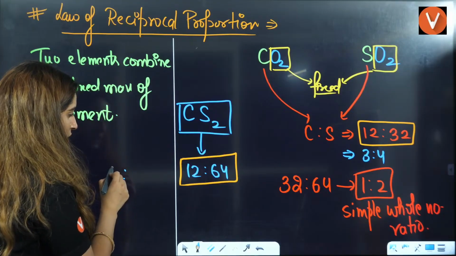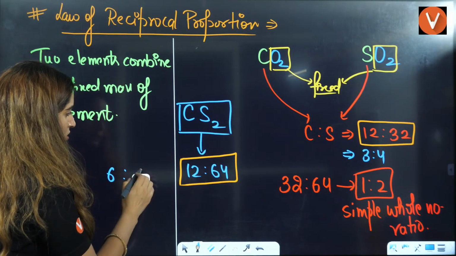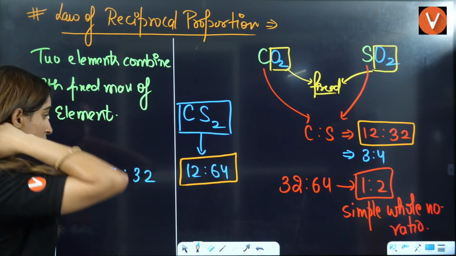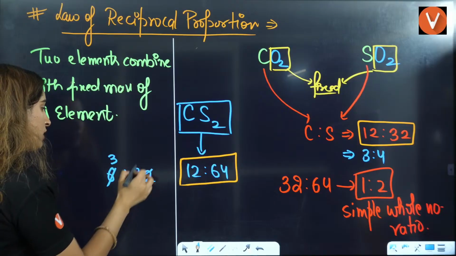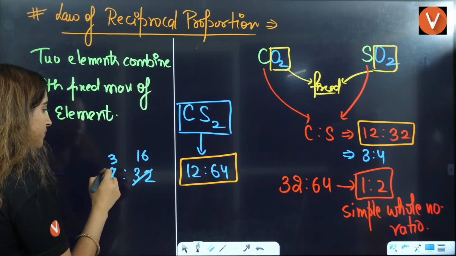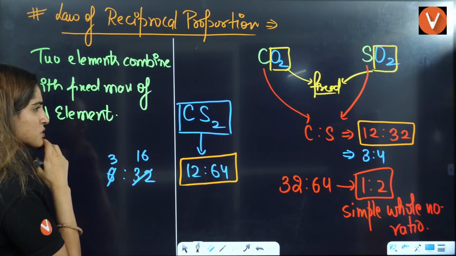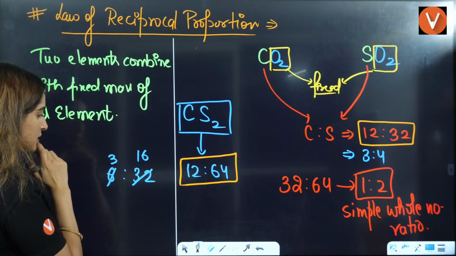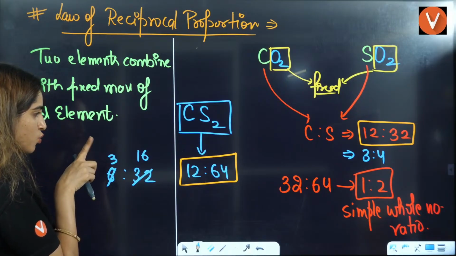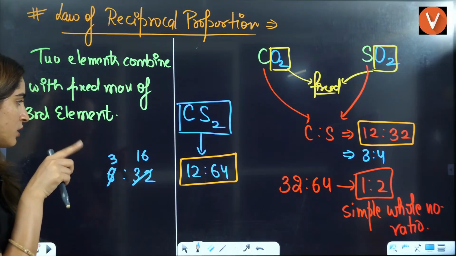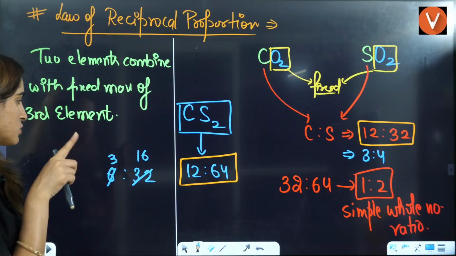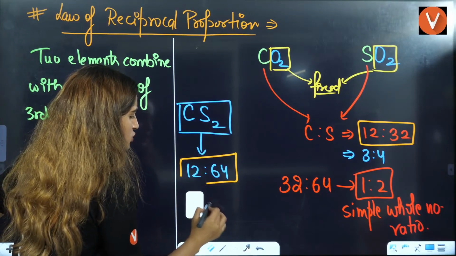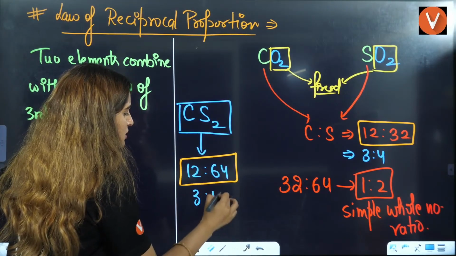That is 6, 1, this is 3, 2, this is again 6:32, so that is 3, this is 1, 6, right? 3:16 it is going to be, isn't it? 3:16, right? 2, 6, 2, 1, 2, 3, 32, this is then 3, this is 1, 6, 3:16, okay? So either you can use it like this, 3:16.